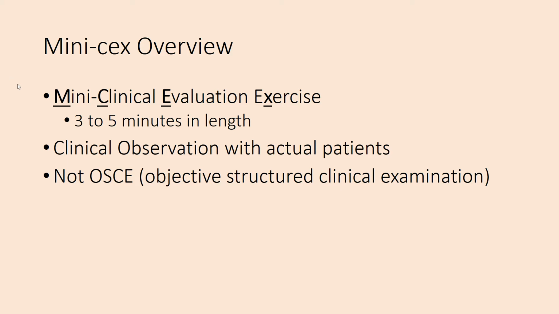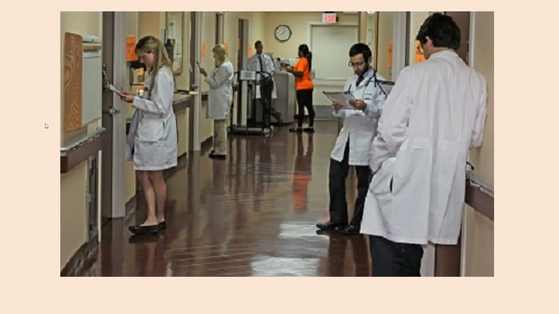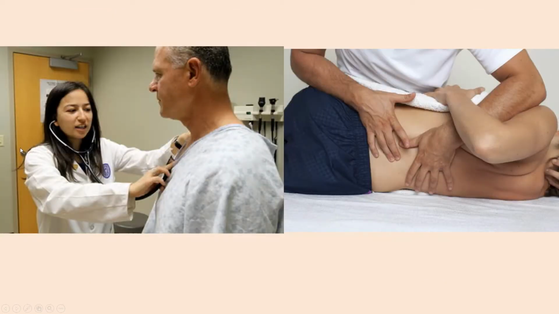The difference is that with an OSCE, students will read certain requirements for history, examination, treatment, and then will actually perform that task. In a Mini-CEX evaluation, this is a real patient encounter.